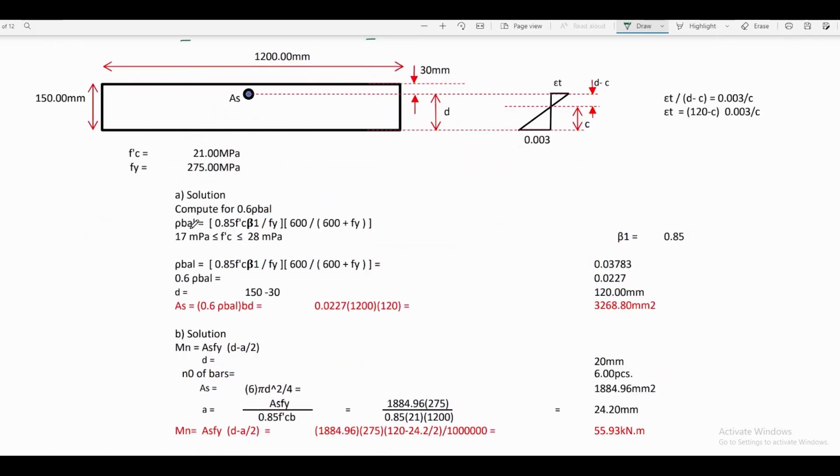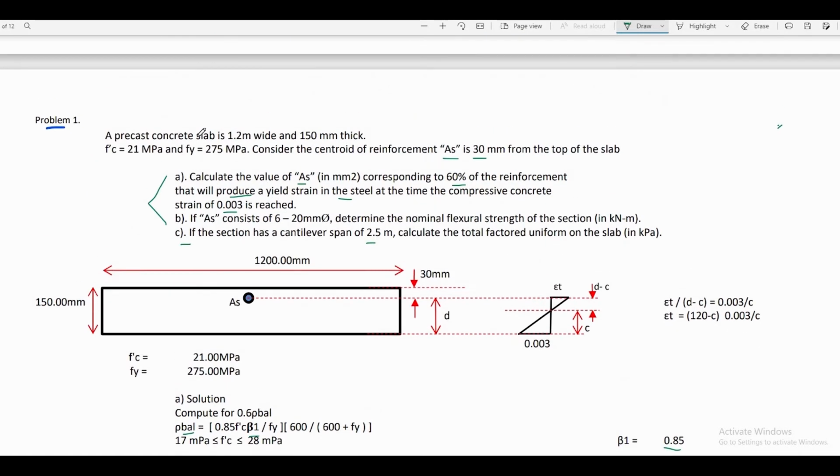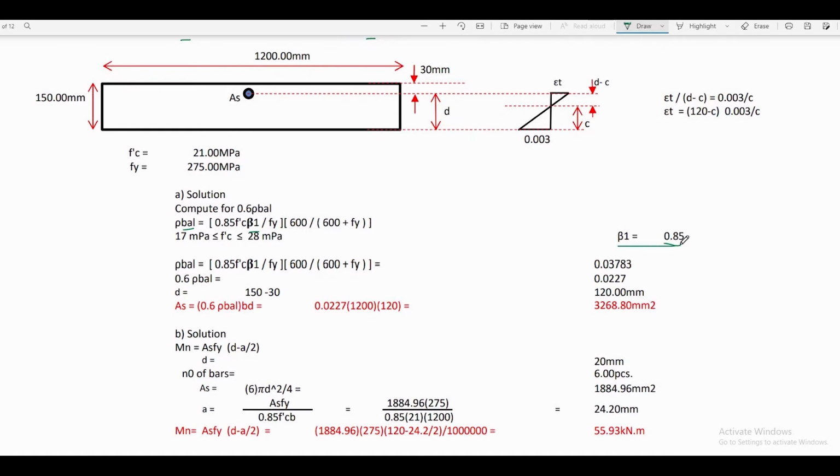But before we can compute for rho balance, we need the value of beta 1. For f'c less than 28 megapascal, beta 1 is equal to 0.85, and since our f'c is 21 megapascal, we will make use of beta 1 equal to 0.85.